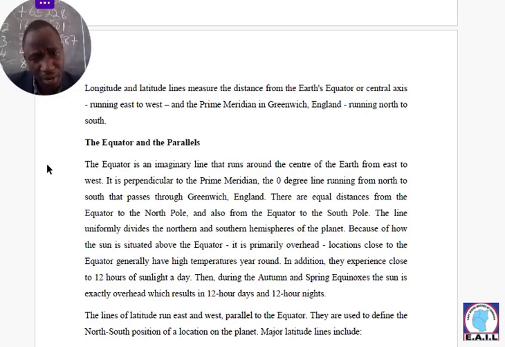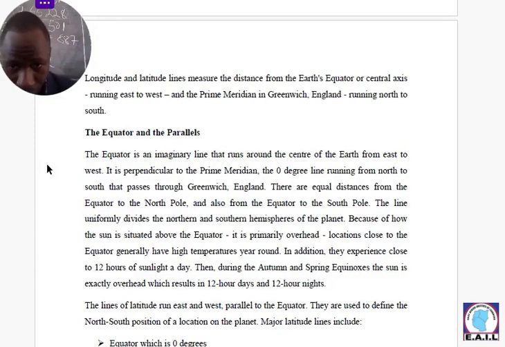It runs from east to west through the center of the earth. The equator is marked 0 degrees. Then we have those other lines running parallel to the equator. Those are what we call the latitudes.